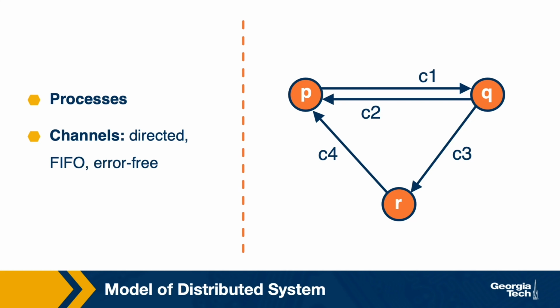Basically, if the network links cannot guarantee FIFO and error-free communication, then we can just use TCP/IP socket connections among nodes, and we will achieve a system that matches the assumptions specified in this simple model.